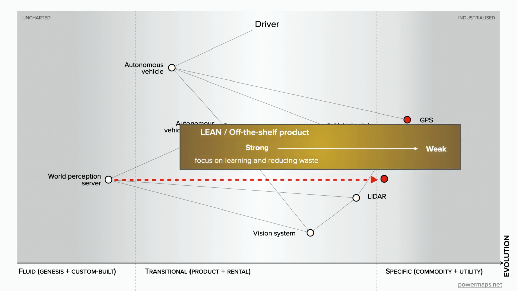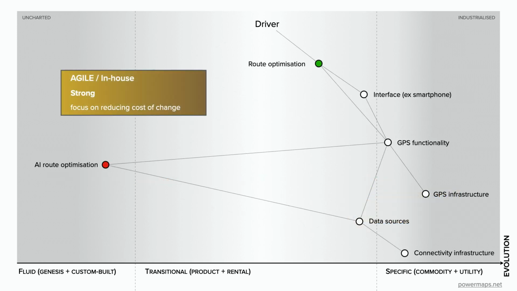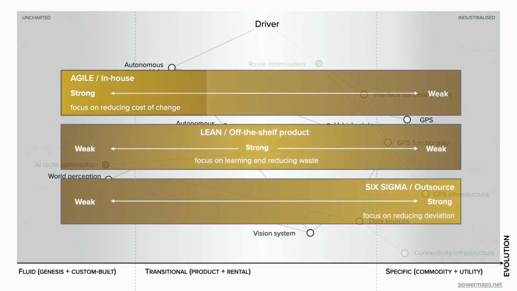And as the component industrializes, moving to the right of the map, it's best to outsource this to experts. And if this is you, your focus should be on reducing deviation in performance, although this shouldn't stop you from experimenting on improvements in the background. And that's why you need a map, to determine which methods are best for what you're doing.